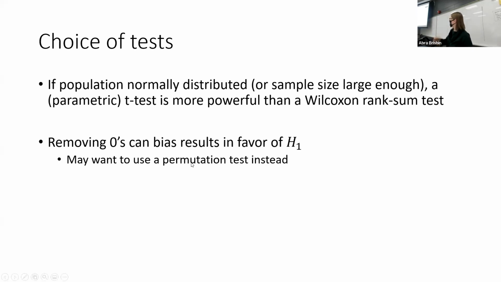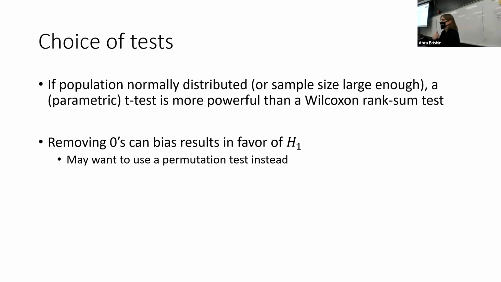All right. Another thing to keep in mind here is that because the process of doing a Wilcoxon rank sum test involves removing zeros, that can bias your results a little bit in favor of the alternative hypothesis.